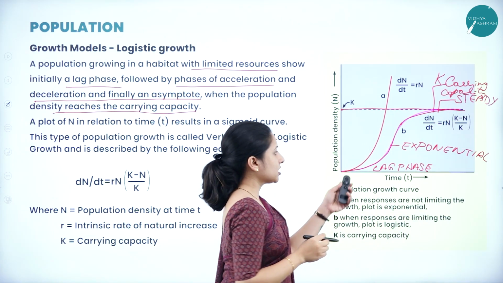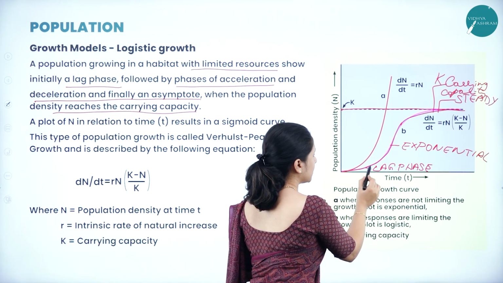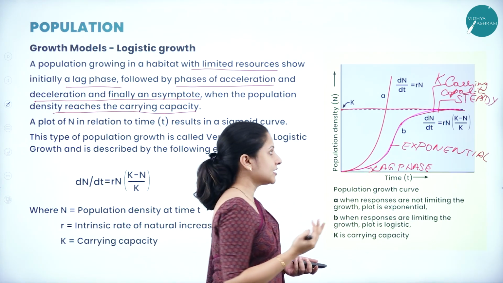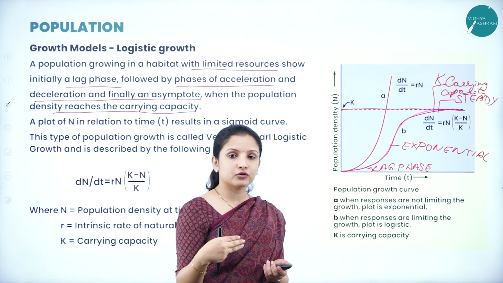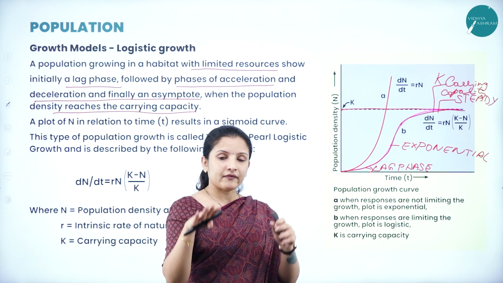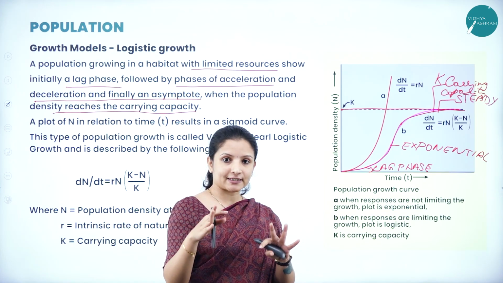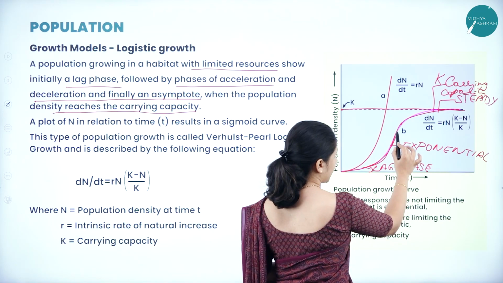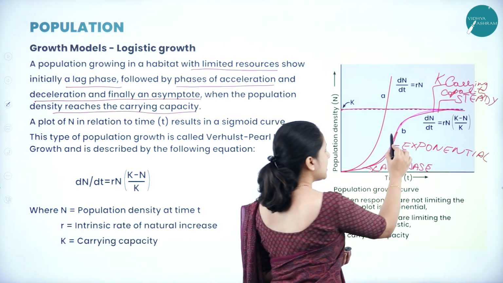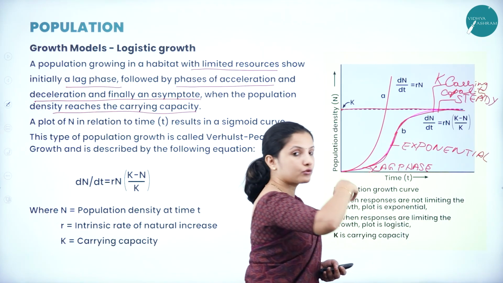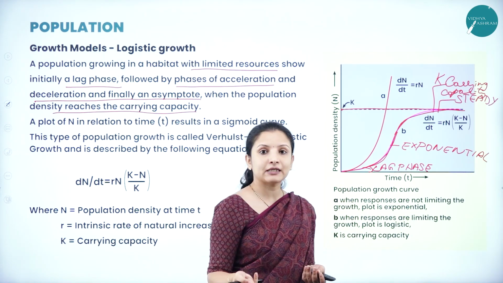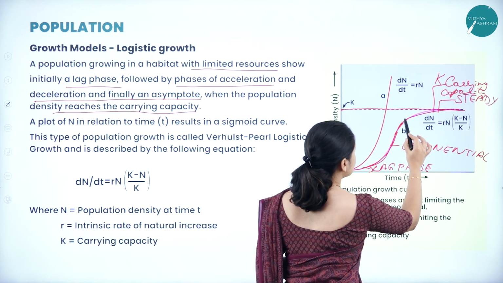So what has happened? Initially the lag phase has occurred, with slow growth in the population because the food source is very less. After that, because of the slow growth, the available food and the population get balanced and the population starts to grow, which is the accelerating phase or the exponential phase. After that, because the growth of the population is more, the food resources become limiting, and there will be death of individuals, that is the deceleration phase.